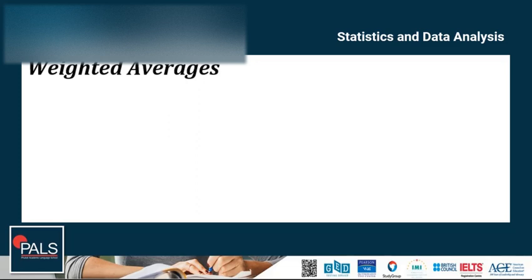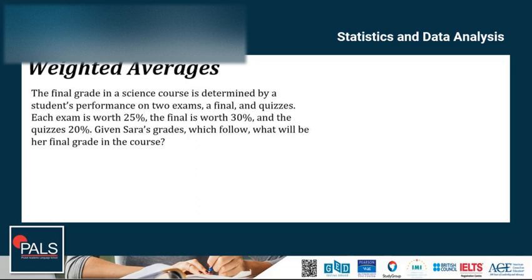Let's see an example for us to clearly understand what a weighted average is. The final grade in a science course is determined by a student's performance on 2 exams, a final, and quizzes.